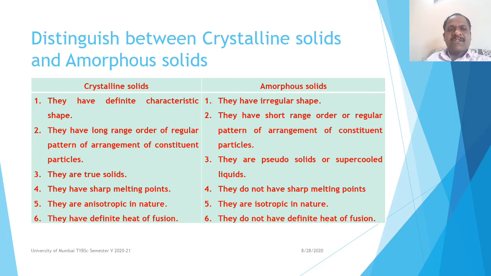If you try to define all these three states, then on the basis of arrangement of constituent particles in matter, we have categorized matter into three classes. If the arrangement of constituent particles is very regular, tight, rigid, then that matter is called crystalline solid.